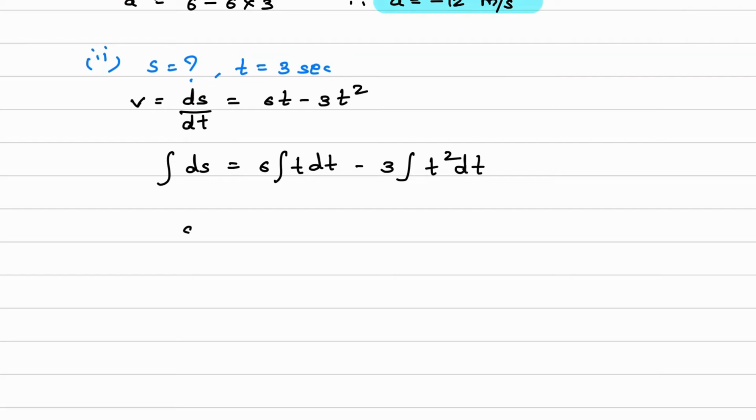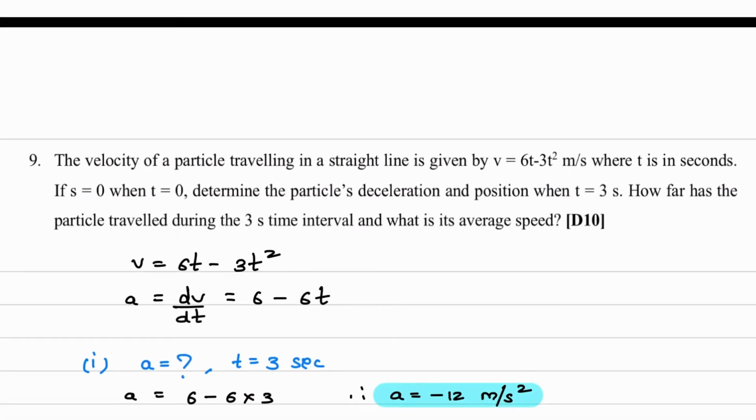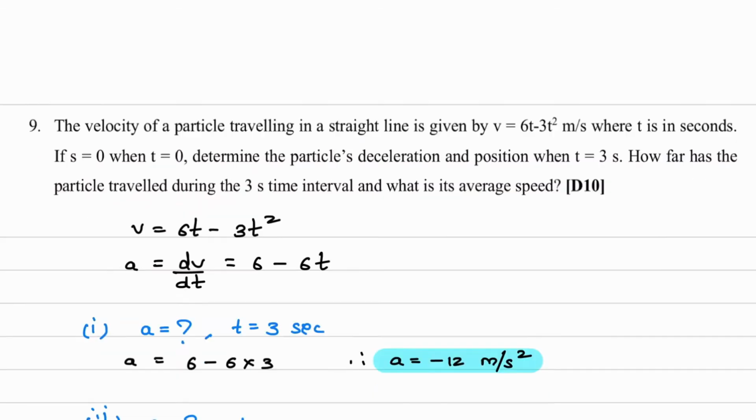S is equal to 6 t square by 2 minus 3 t cube by 3 plus c. Now what is the condition given over here? S is 0 when t is 0.